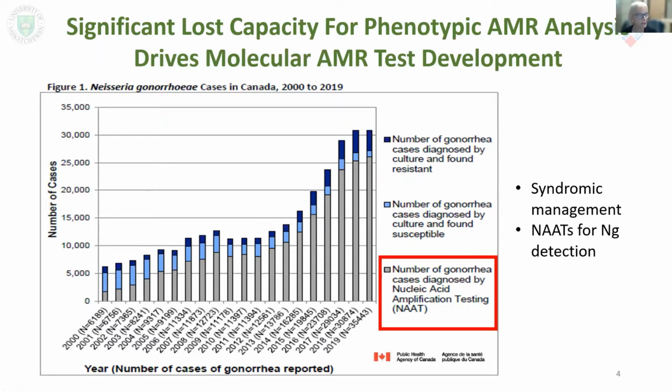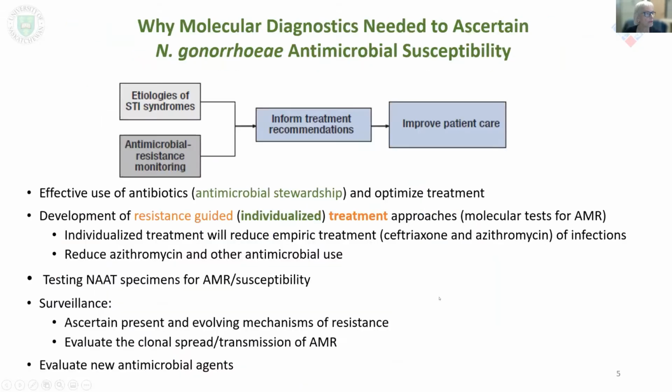And in Canada, these are data from Irene's group: 85% of gonorrhea cases are actually diagnosed by NAT testing, which means that susceptibility testing is not possible on these isolates at the present time. So molecular diagnostics are really needed for the effective use of antibiotics, antimicrobial stewardship, and the development of resistance-guided, i.e. individualized, treatment approaches.